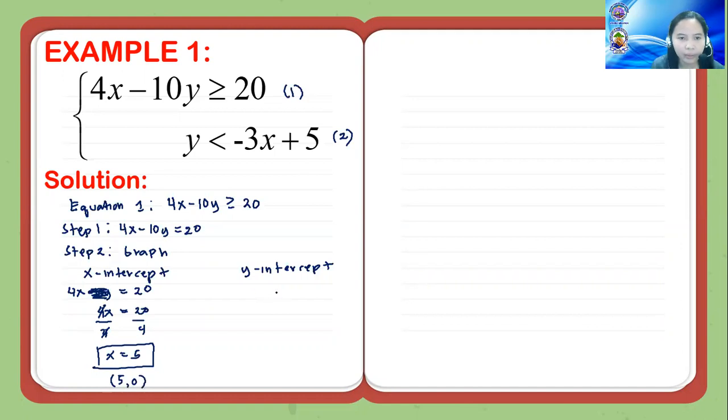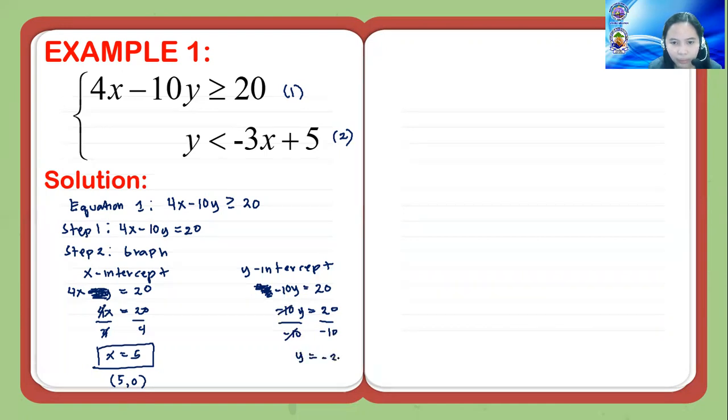Okay? Then for the y-intercept, we have 4x minus 10y is equal to 20. So to find the y-intercept, you will let x is equal to 0 or just remove 4x. So we have now negative 10y is equal to 20. Divide both sides by negative 10. So y is equal to negative 2.